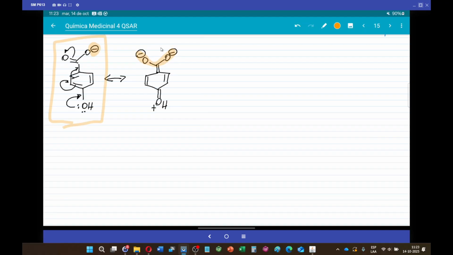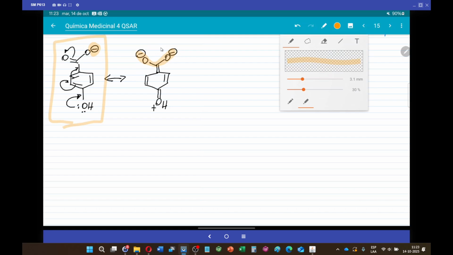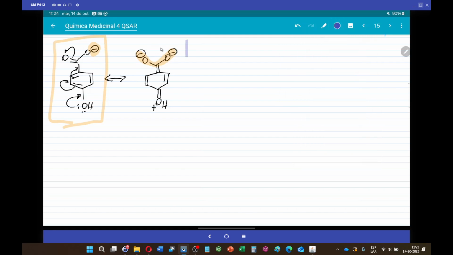Then I have two negative charges together, and is that stable or unstable? Unstable, tremendously unstable. That is why a hydroxyl group in para has a negative sigma, because it worsens the stability of the conjugate base. It is a very strong electron donor.